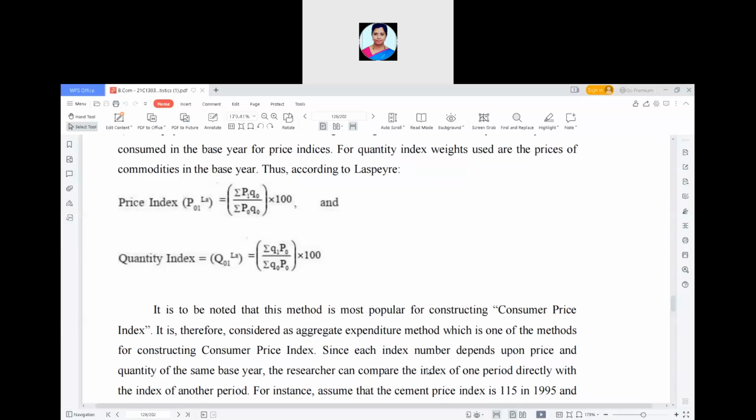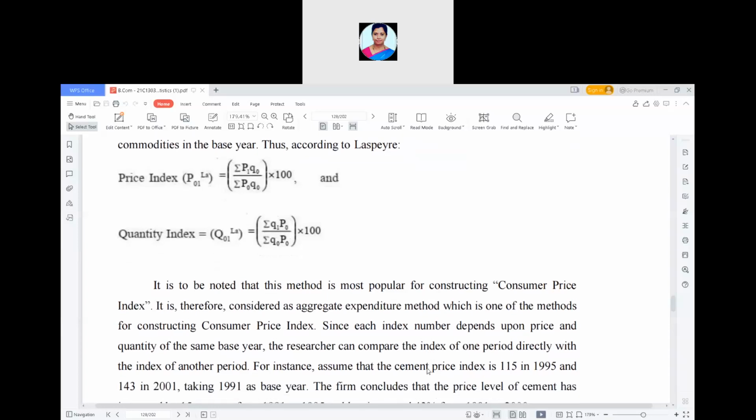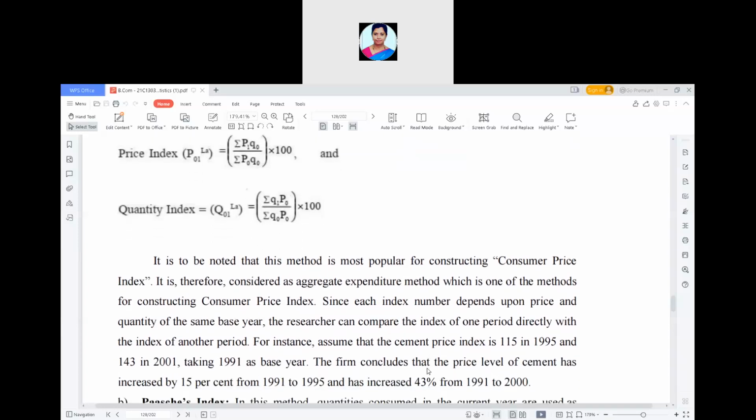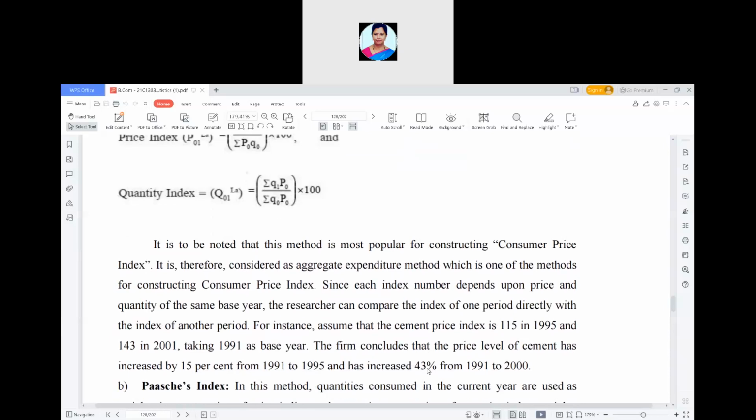Suppose the cement price index in 1995 is 115, and in 2000 it is 143, taking 1991 as the base year.